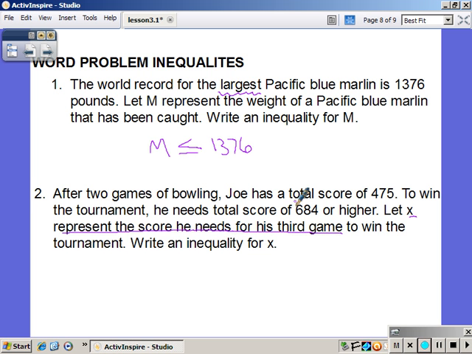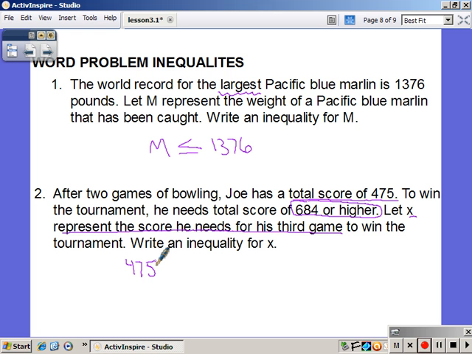We have right now a total score of 475. He needs a score of 684 or higher. Well, what does that mean we have to do? Right now, he's at 475.